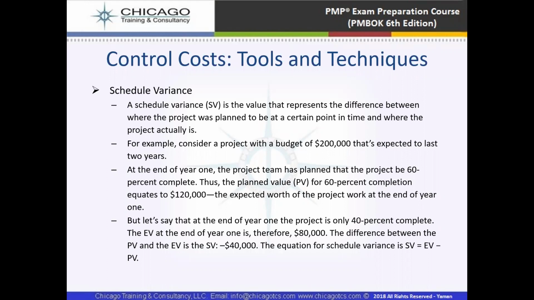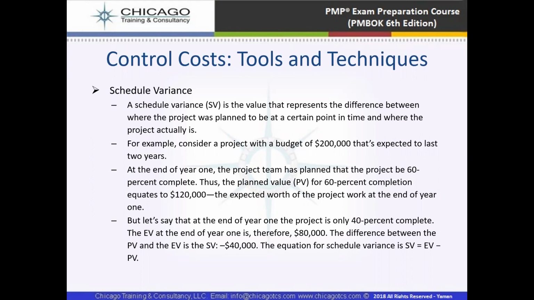is minus $40,000, which shows us we are spending more or less. Can you answer me? Are we behind the schedule or ahead of the schedule? In this case, we are behind the schedule. Why are we behind the schedule? We are negative $40,000.